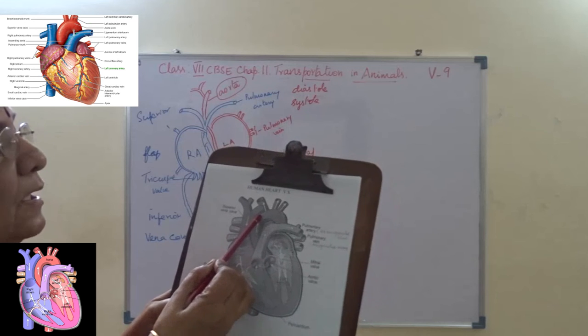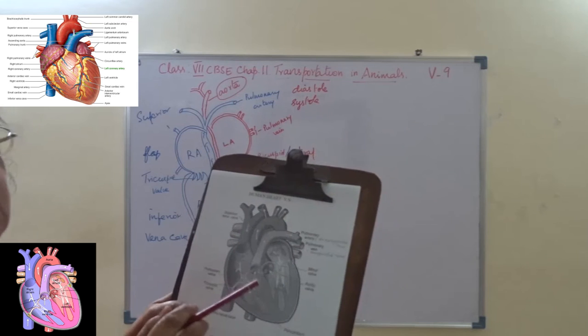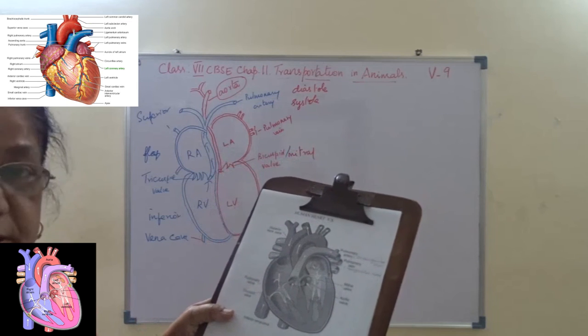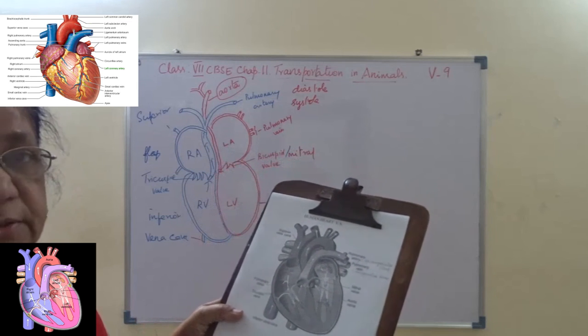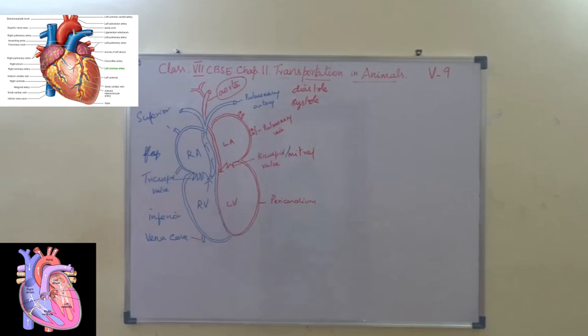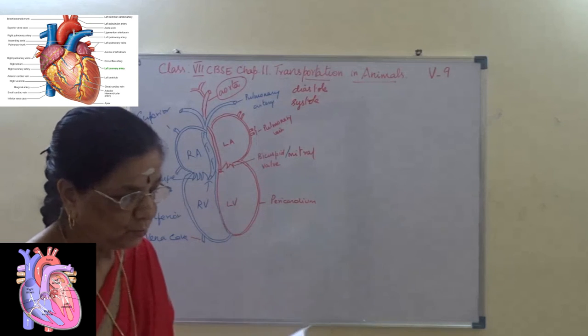oxygenated blood, and then it is sending to different parts of the body. This is working of human heart. I hope you understand. Then one more. This is working of human heart.